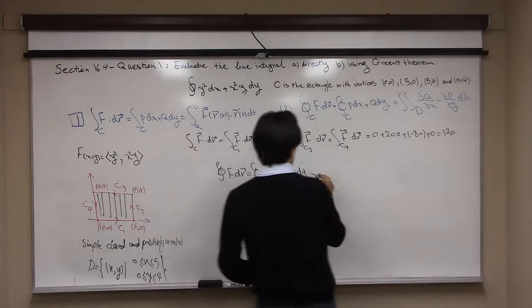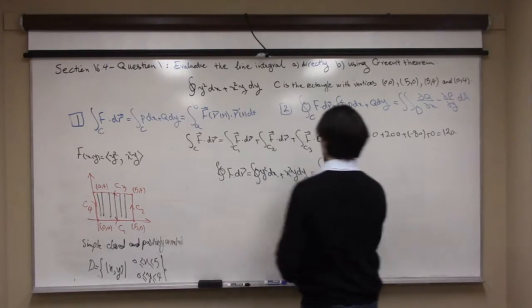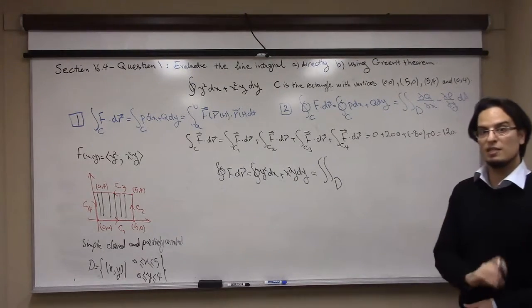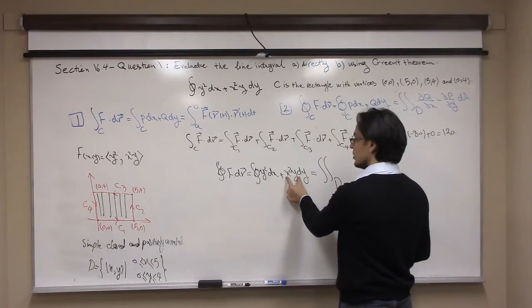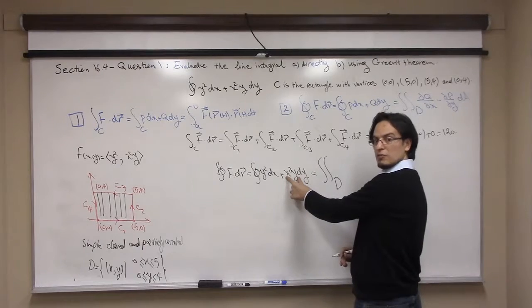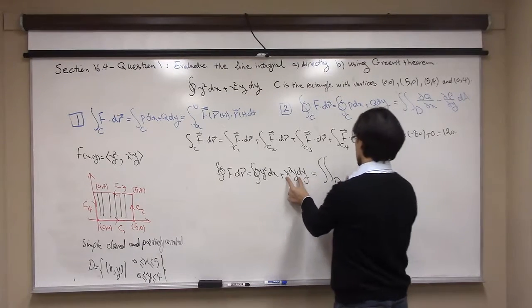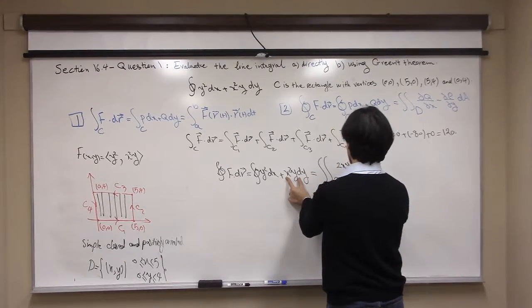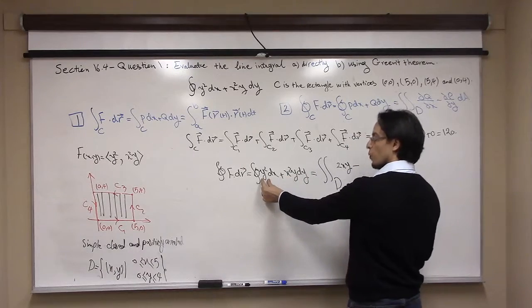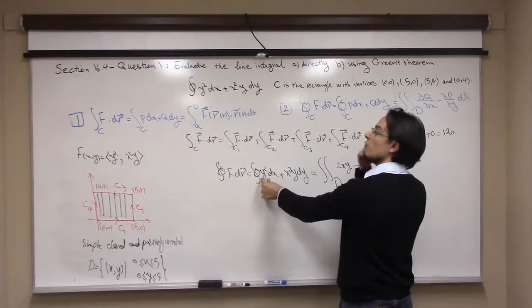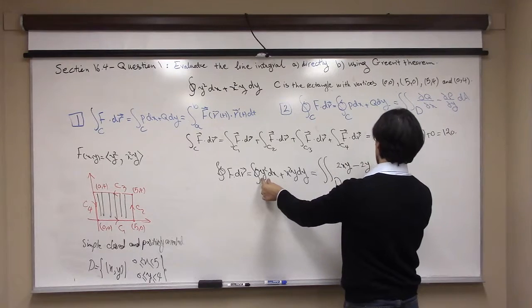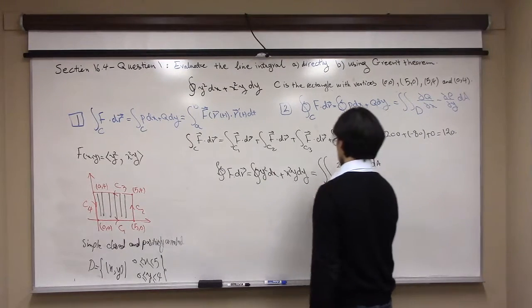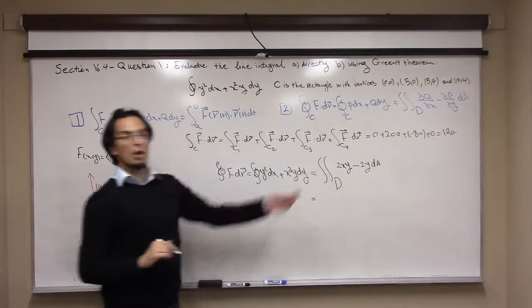This is going to be equal to the double integral over the region inside the curve of this: Q, find the partial derivative of Q with respect to x. So it is 2xy, minus P, find the partial derivative of P with respect to y. It is 2y. Then dA. It is a double integral.